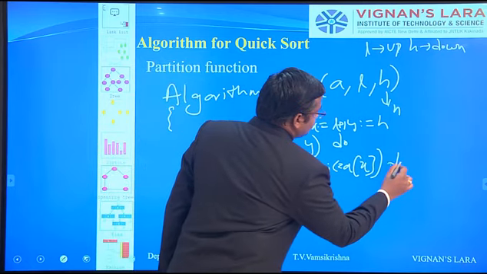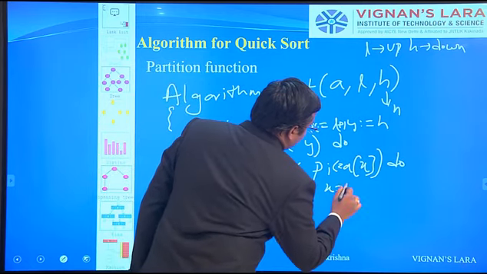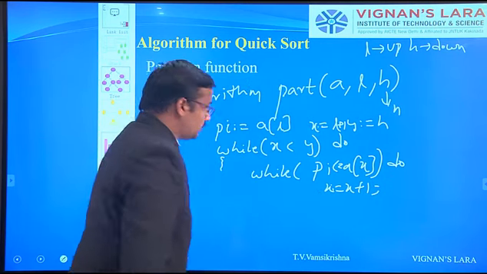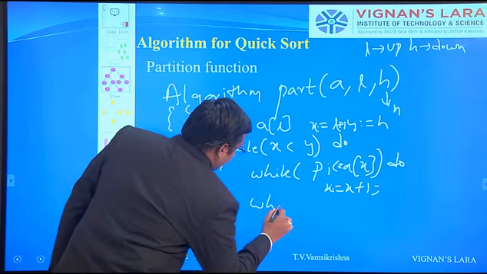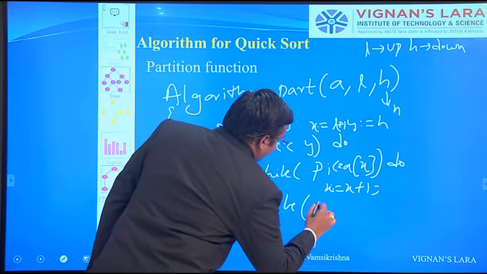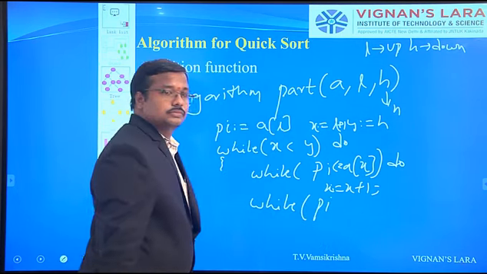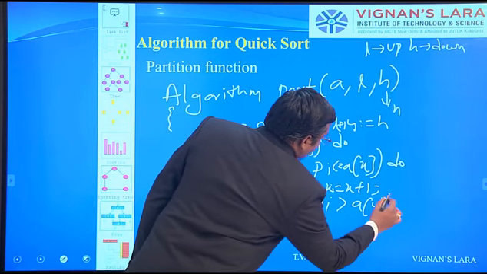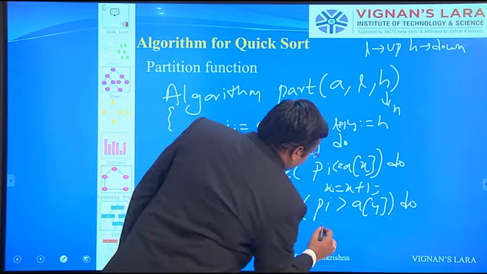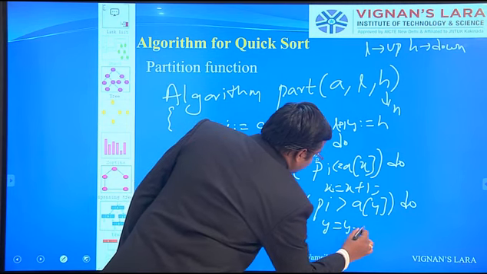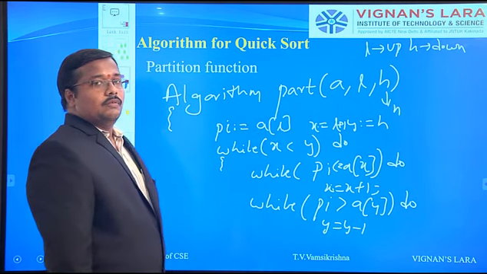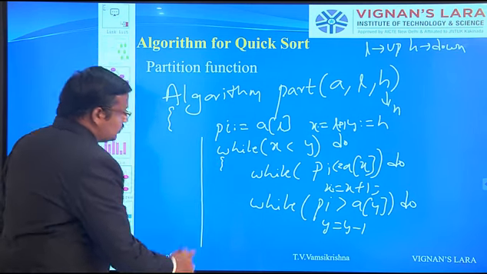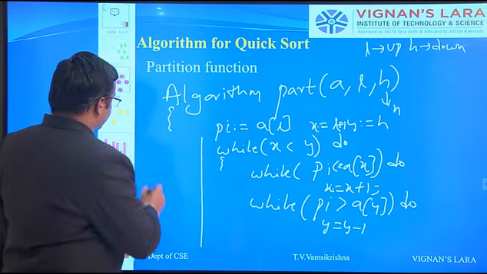Do X is equal to X plus 1. Similarly, while pivot greater than A of Y, simply Y is equal to Y minus 1.